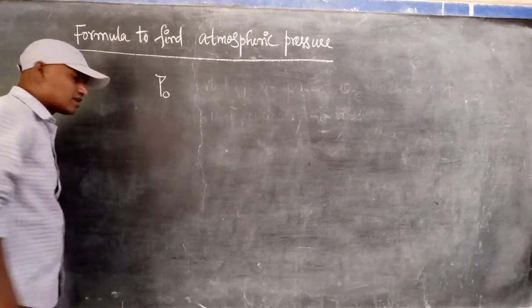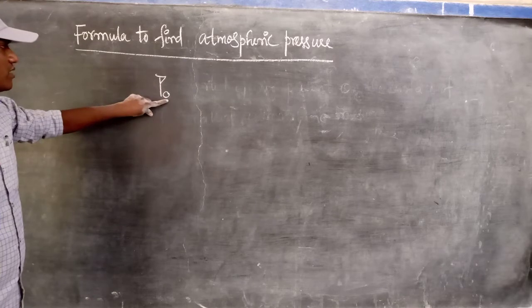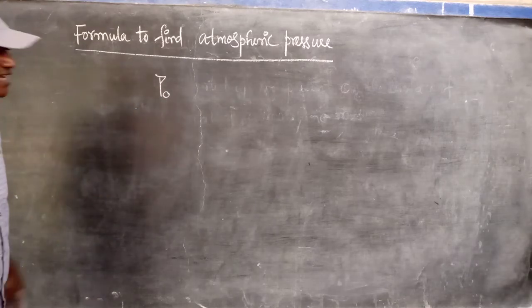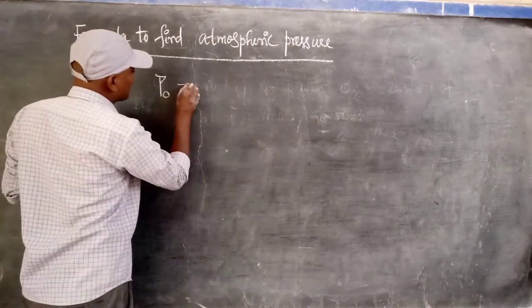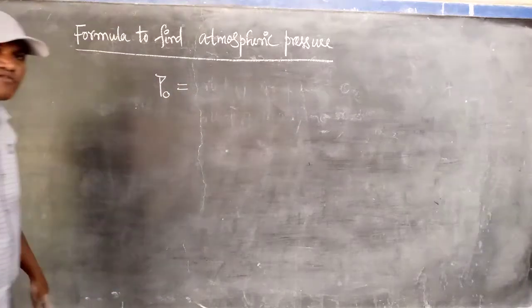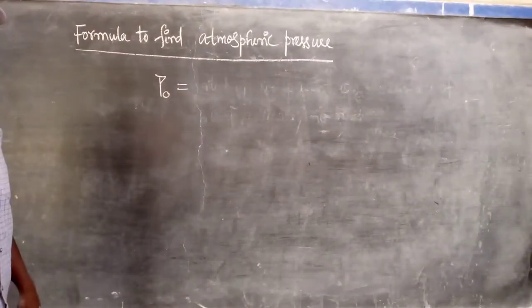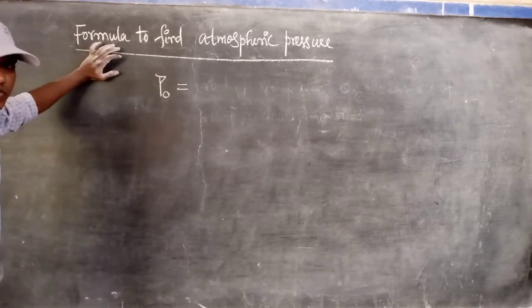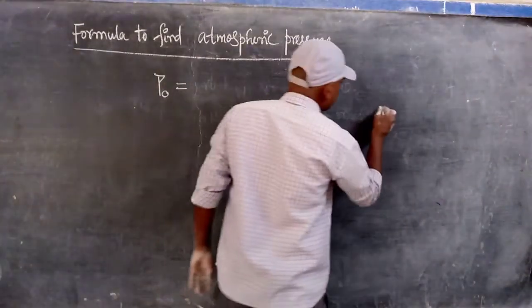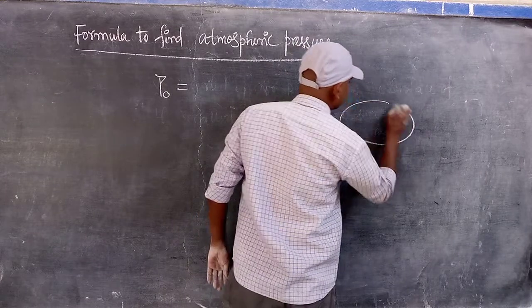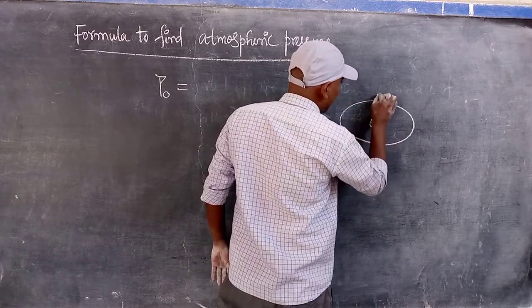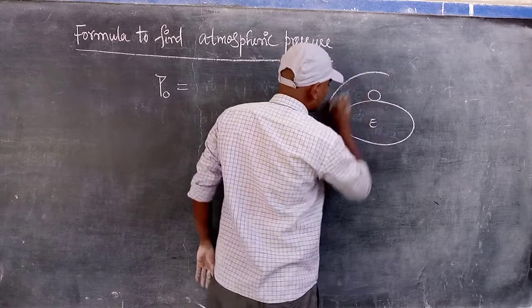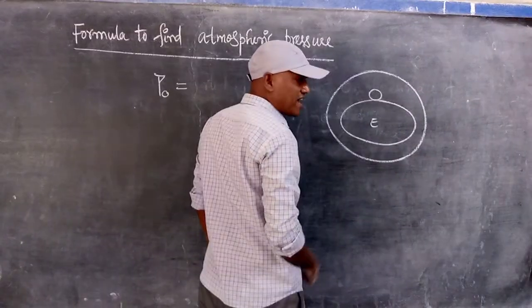P is the pressure, and atmospheric pressure we can say as P naught. Atmospheric pressure is equal to, what is the formula of pressure? Force exerted by the air on the surface of a body. What is our concept here? It is the earth, and on the earth one body is there. The earth is surrounded by the air.